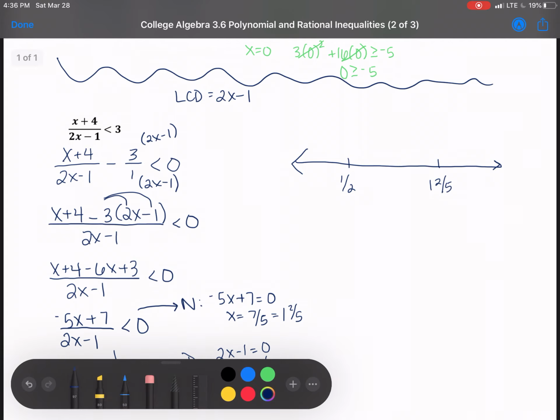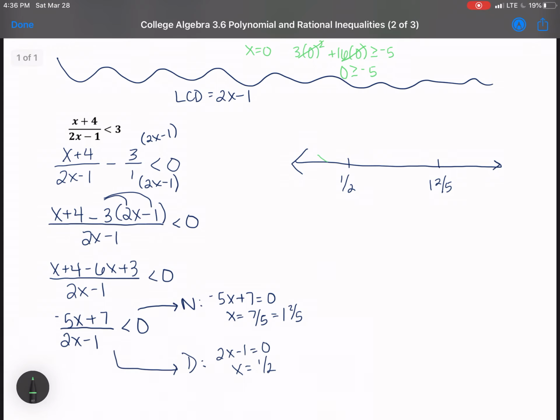Okay, so we need to figure out our test values. Let's use 0, let's use 1 and 2. And again, remember, we're always plugging back into our original. So if we test x equals 0, we have 0 plus 4 over 2 times 0 minus 1 is less than 3.